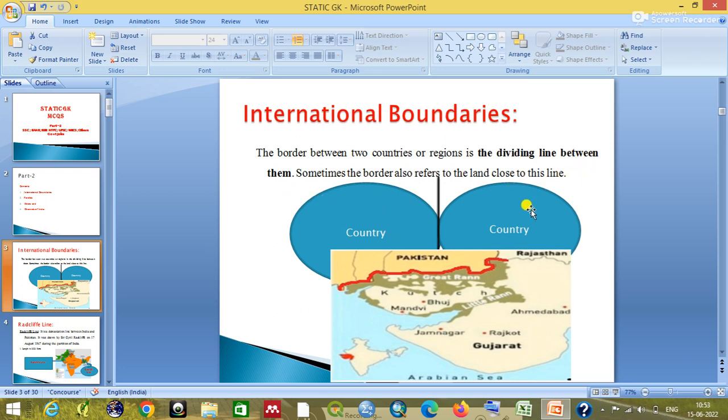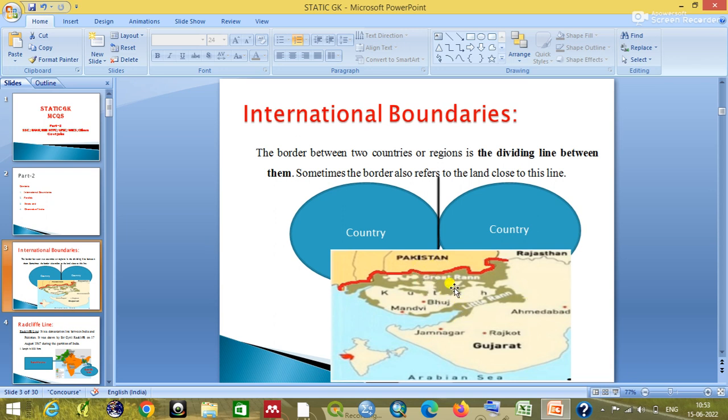Here I take two images, first one and second one. Let this one be a country and this one be a country. This line, let's say, is the international boundary. If we see the Indian map, this is the Gujarat state and the Rajasthan state.